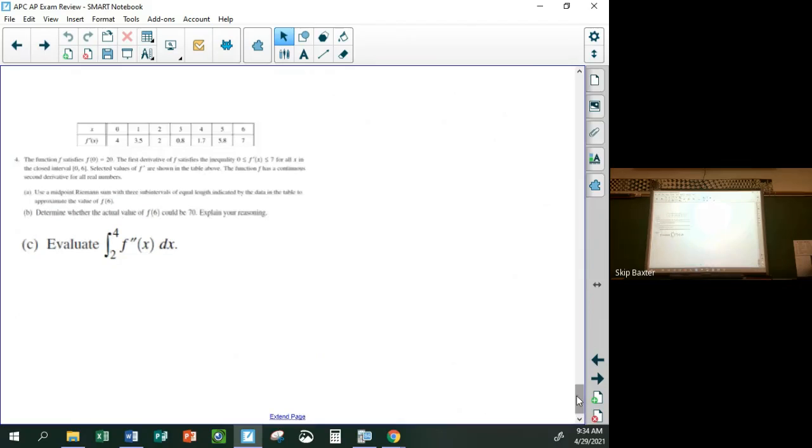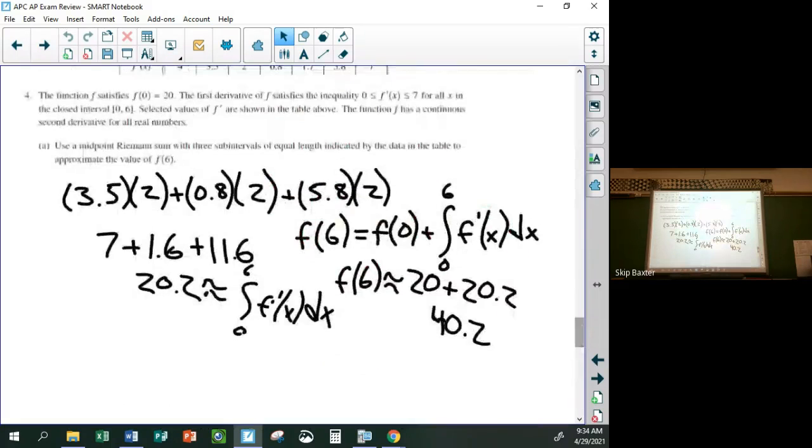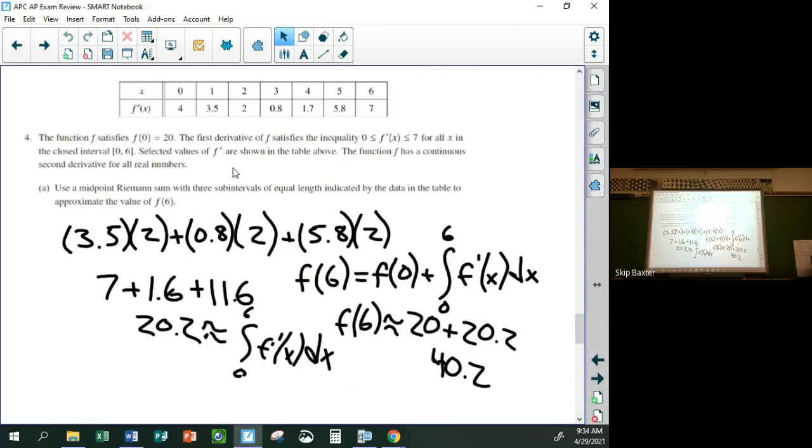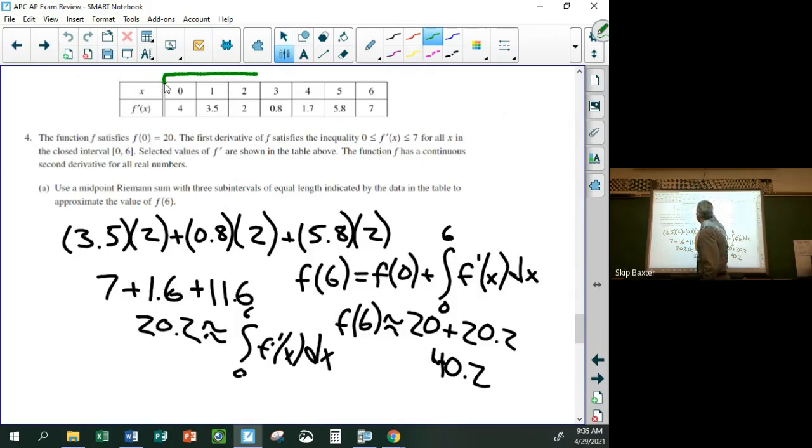So I was just trying to understand the whole problem. So the midpoint Riemann sum is when you calculate the definite integral right here, the definite integral from 0 to 6 of f prime using rectangles where the height is given by the midpoint of the interval. So like you take this interval and you find the area given by this height.